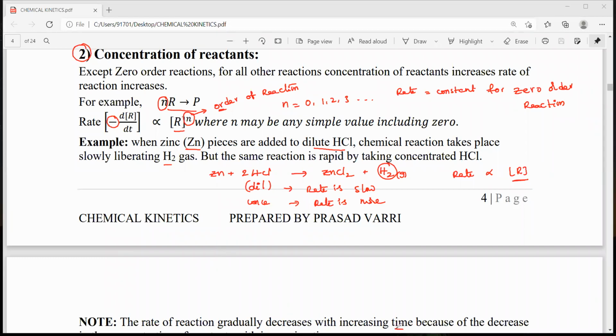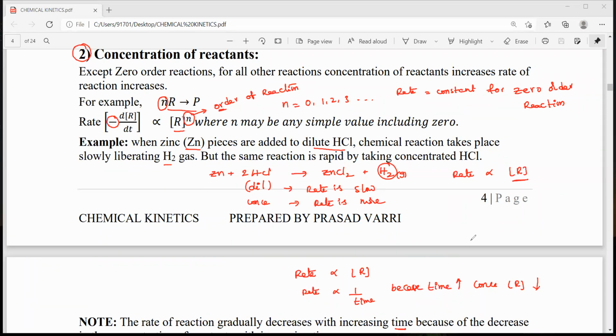The rate is directly proportional to the concentration of reactants, and the rate is inversely proportional to time, because as time increases, the concentration of reactants decreases. If the concentration of reactants decreases, the rate of reaction will decrease.